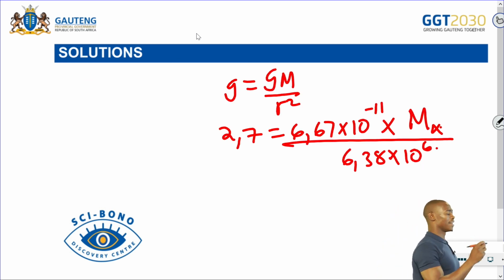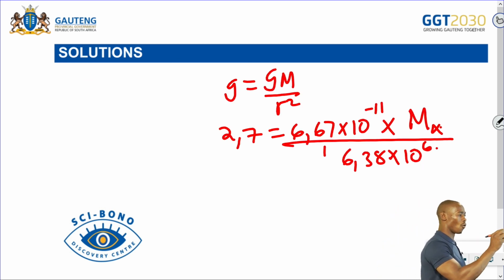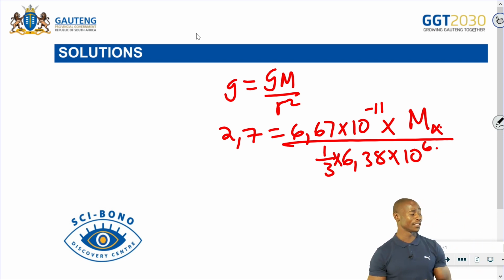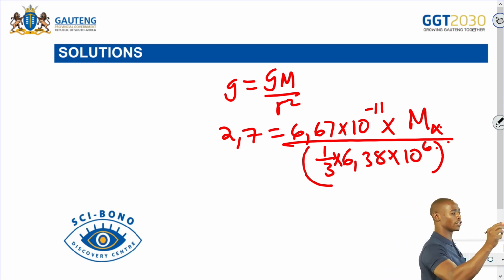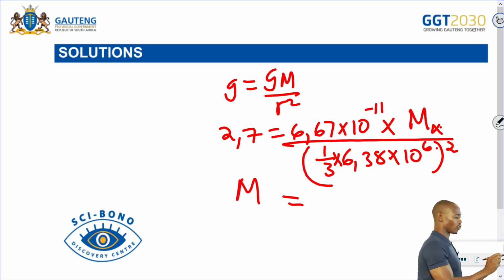Let's confirm the value using the data sheet: 6.38 times 10 to the power 6. Then we are told the radius is 1 over 3 of that, so it will be 1 over 3 times 6.38 times 10 to the power 6, and remember, this is all squared.